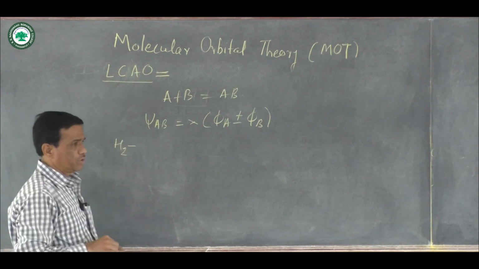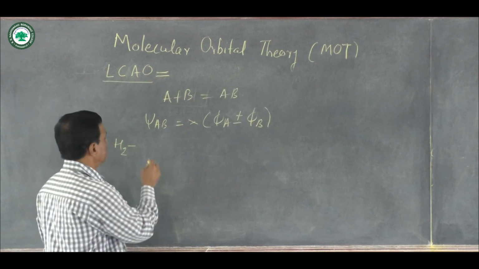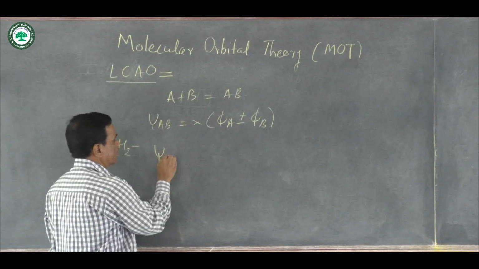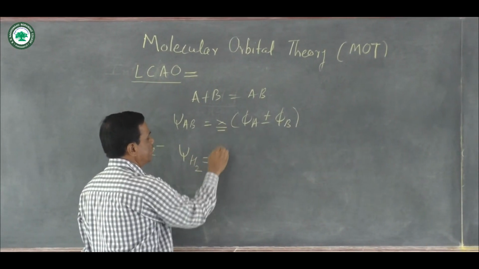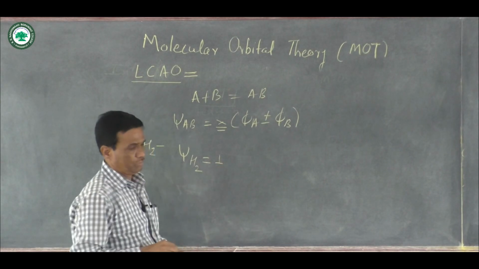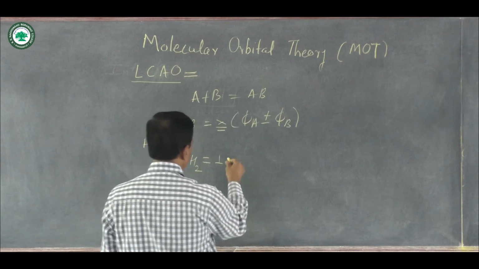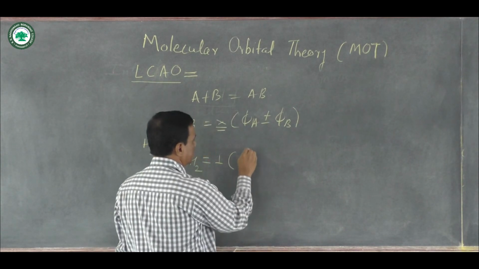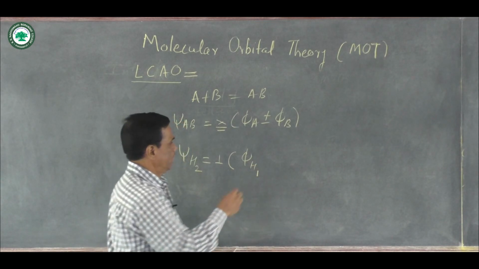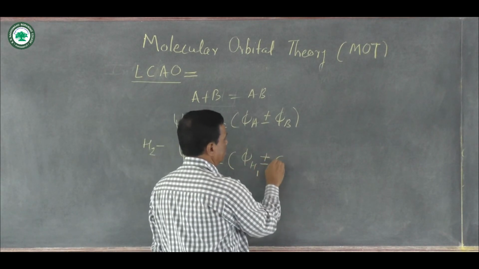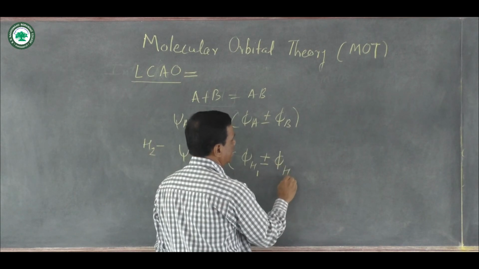Example is formation of H2 molecule. In H2 molecule, psi H2 is equal to lambda, where lambda is equal to 1 because it is a homonuclear diatomic molecule, into the bracket, phi of the first hydrogen atom H1, plus minus phi of the second hydrogen atom H2.